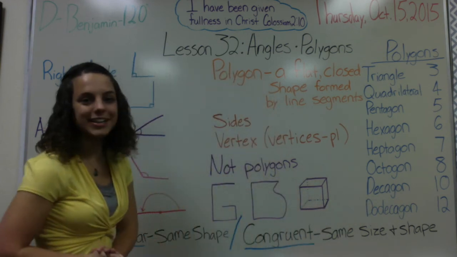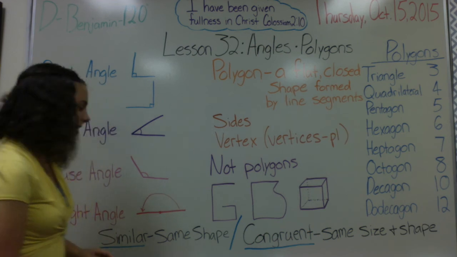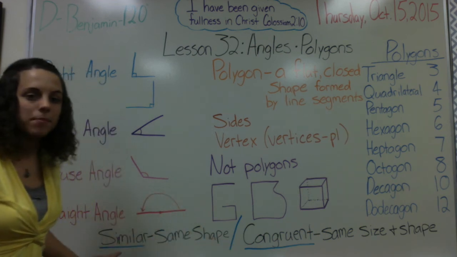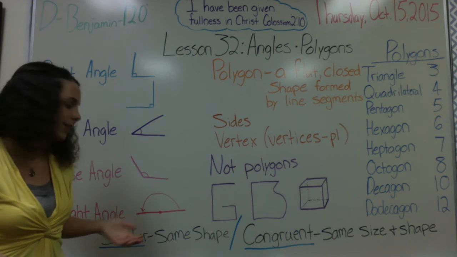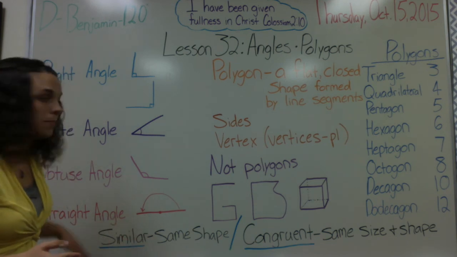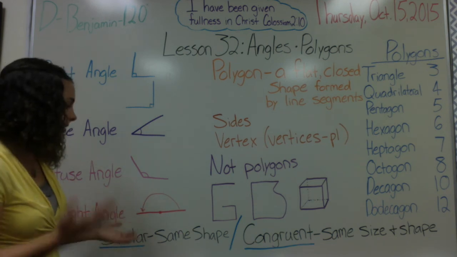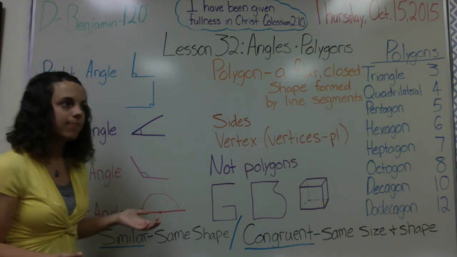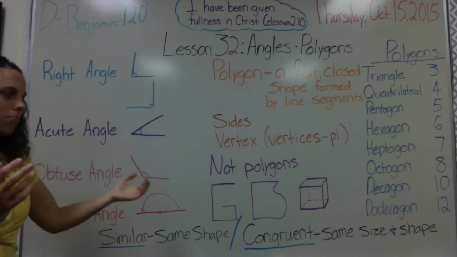Now, the last thing that we are going to cover is these terms, similar and congruent. We use them when describing or comparing polygons. Similar just means that you have two shapes that are the exact same shape.